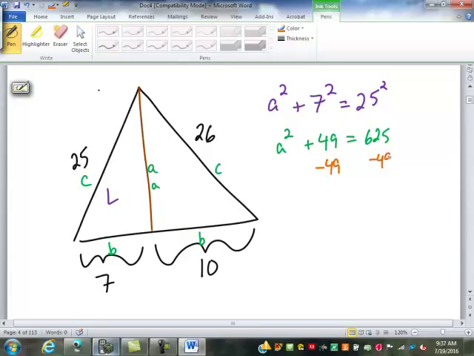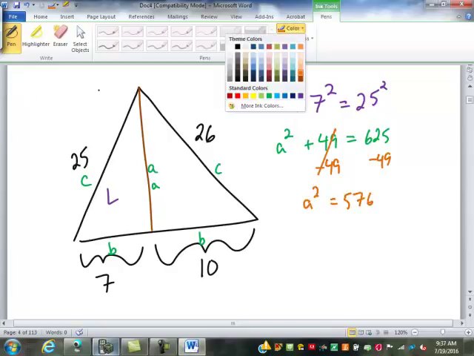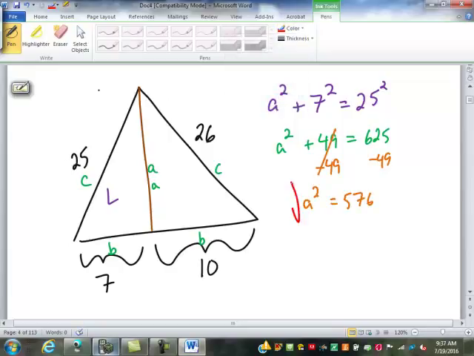Subtracting 49, A squared equals 576. And then square root to get that A equals 24. So from the left side, I get A equals 24.